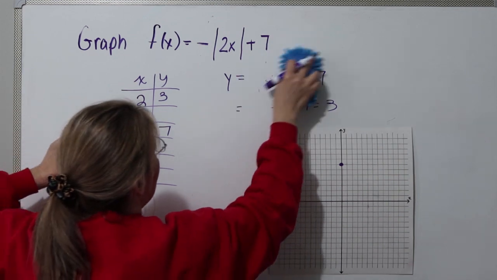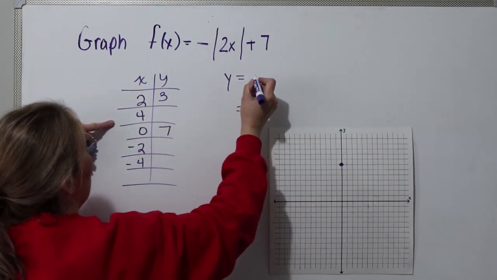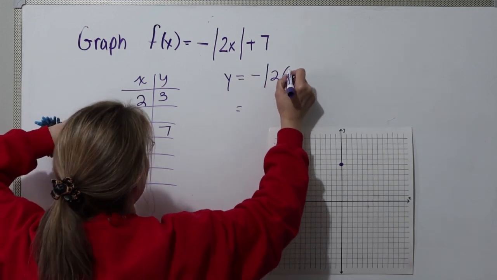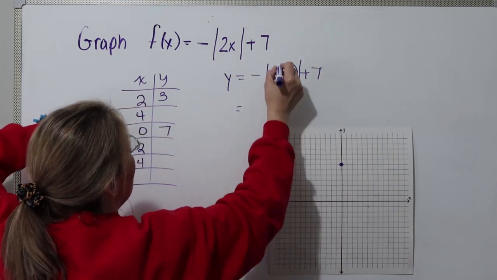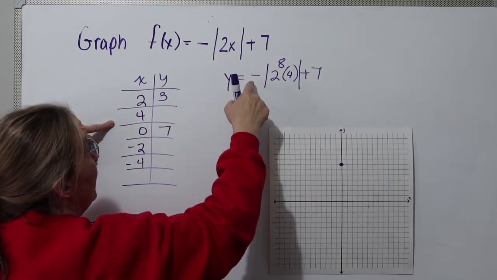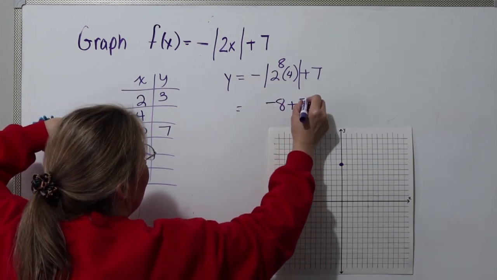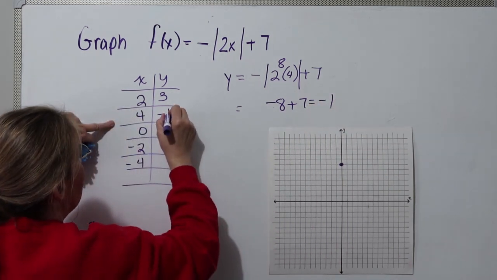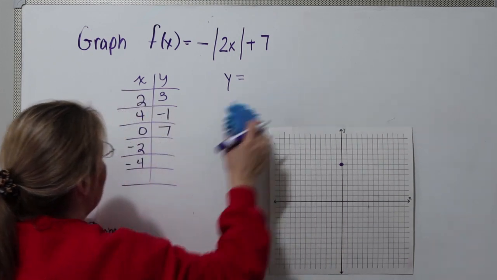All right, let's do another one. Now let's do the point at x equals 4. So I've got y is equal to negative absolute value 2 times 4 plus 7. 2 times 4 is 8. Negative of the absolute value of 8 is -8. So -8 plus 7 is -1.